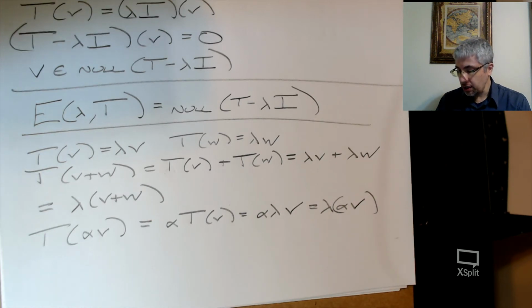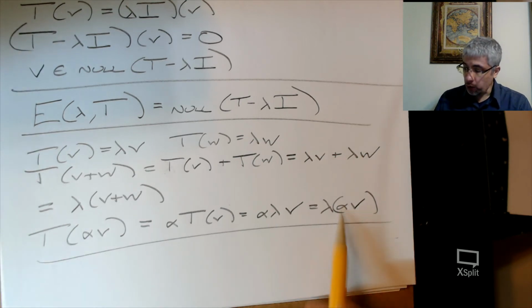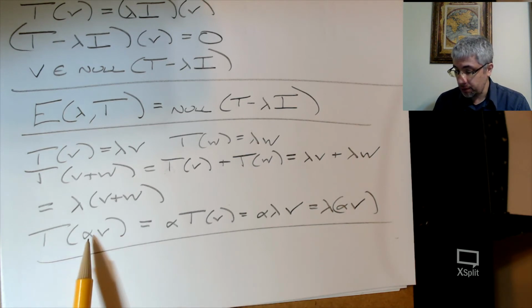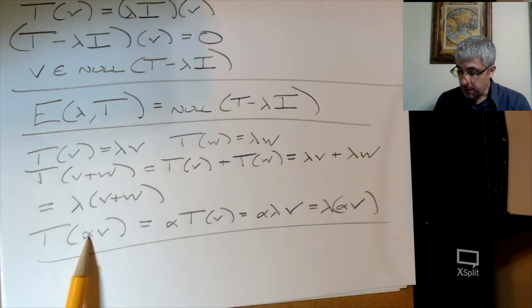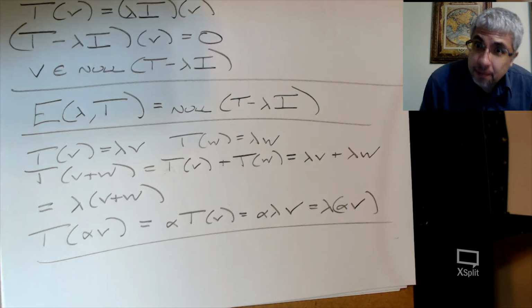So we know that eigenvectors are closed under addition and scalar multiplication. Once we've tossed in 0, they are definitely closed. The problem might be that you'd subtract V from itself and get 0, and then you'd get the 0 vector. So once we've taken that out of the mix, we get a subspace.